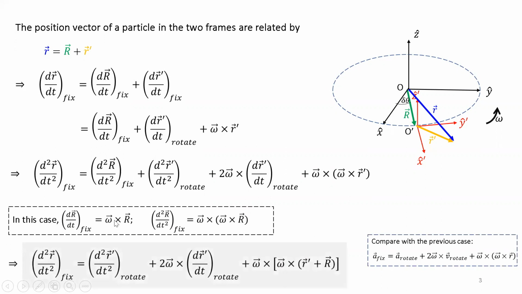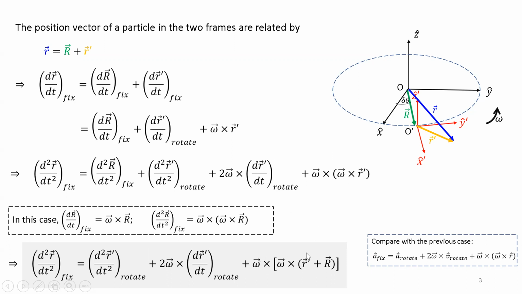Then I'm going to write down the final result over here. What I do here is combine the first term and the last term together, because the first term becomes this omega cross R, capital R, and this one is omega cross R prime.